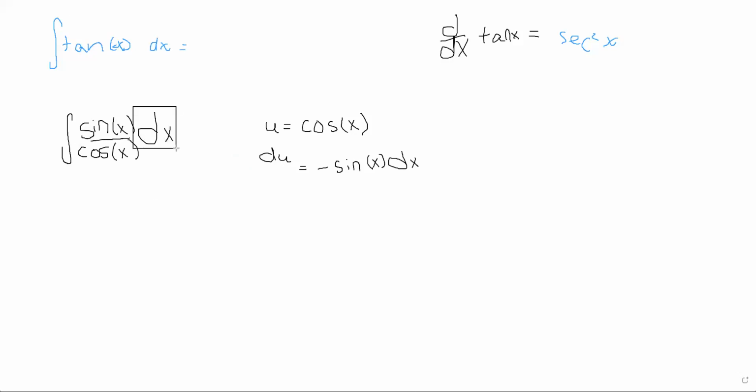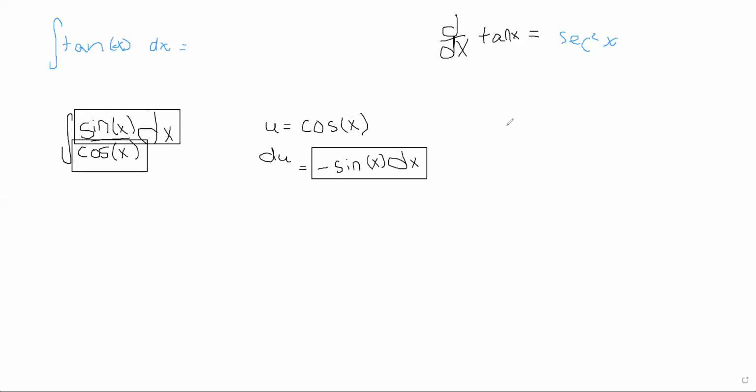I want you to rewrite the integral, but replace dx with all of this stuff and replace cosine of x with u. Or hang on a second, sorry. I had it right the first time. We want to replace all of this stuff with du, and then replace this with u, and then see if you can solve it from there.